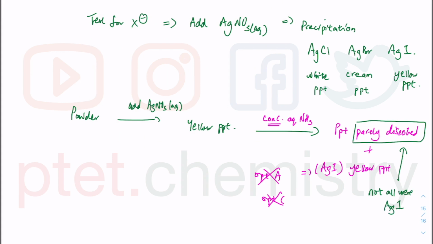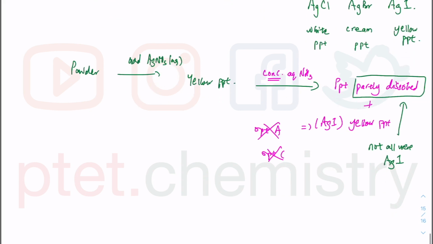There's something else that could dissolve in concentrated aqueous ammonia, which could include the silver bromide, could also include the silver chloride, but the only answer here that has both iodide as well as chloride or bromide is going to be option D. So therefore option D there. B cannot be the answer because some part of it dissolved, so it cannot just be the silver iodide. It has to have another silver halide precipitate. That's why the best answer here must be D.